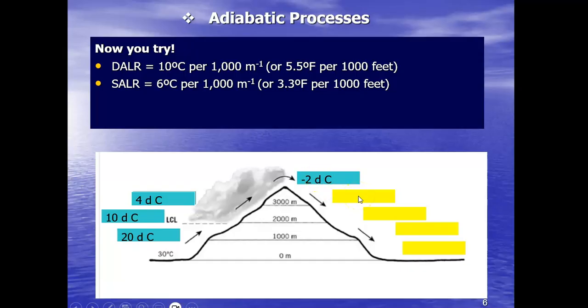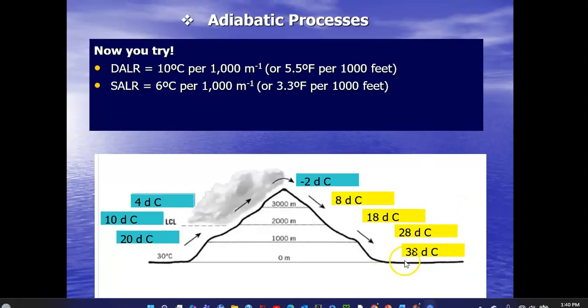So I should have 8 degrees Celsius. I'm going to add another 10. Everything from this point on is going to be the dry rate. From 3,000 meters to 2,000 meters, I'm going to add another 10. 18, 28, and 38 degrees Celsius.